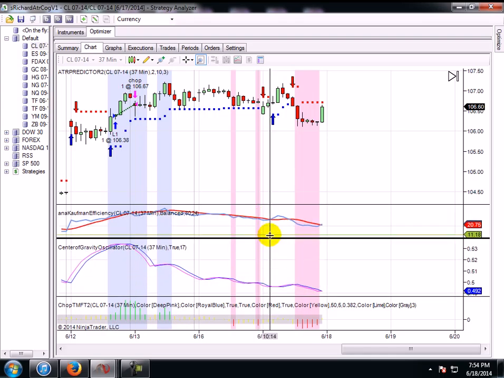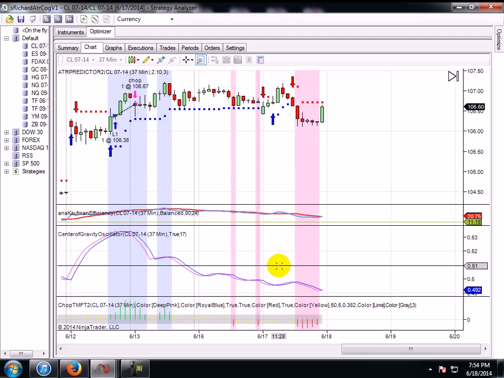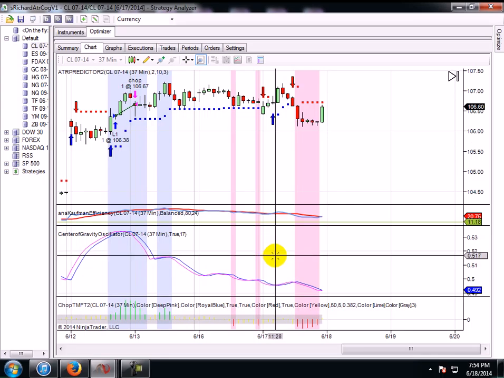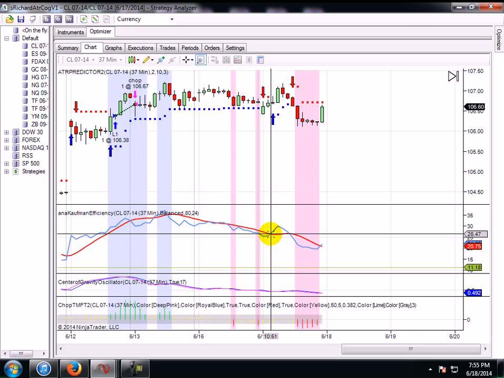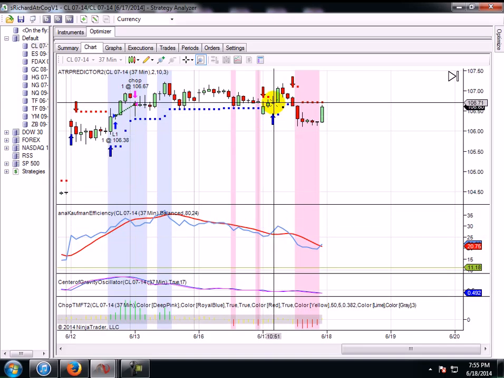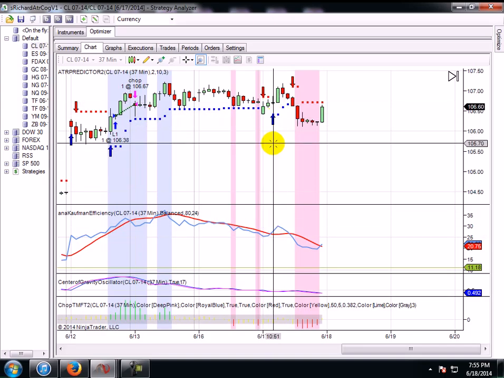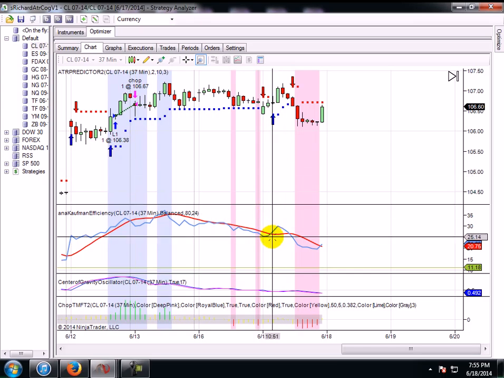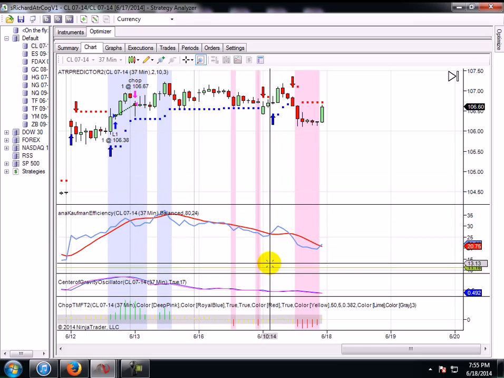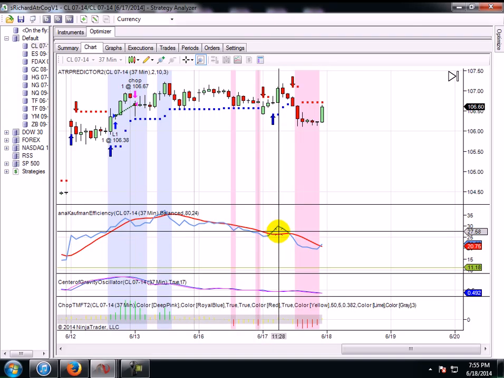It's hard to tell what's going on down here. Looks like maybe there was a cross right here in the CGO. Okay, so here we have the long signal from the ATR. The curve is meeting its requirements here.